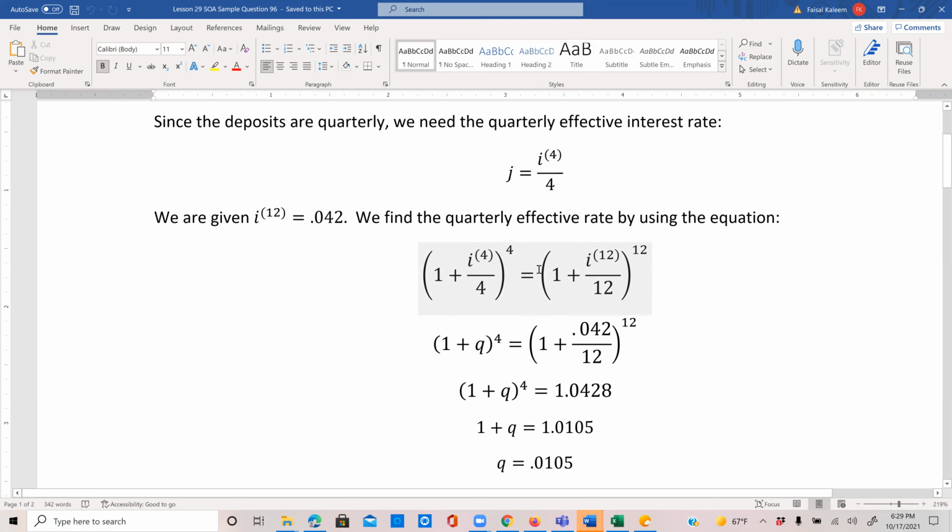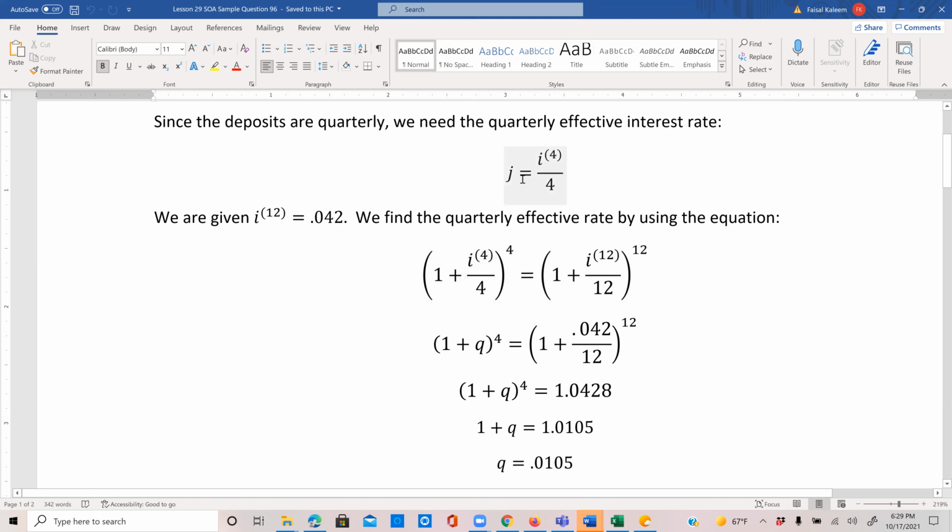Because both of them are equal to 1 plus I, the main relationship is 1 plus I equals 1 plus Im by m power m. Since both expressions are equal to 1 plus I, they are equal to each other.